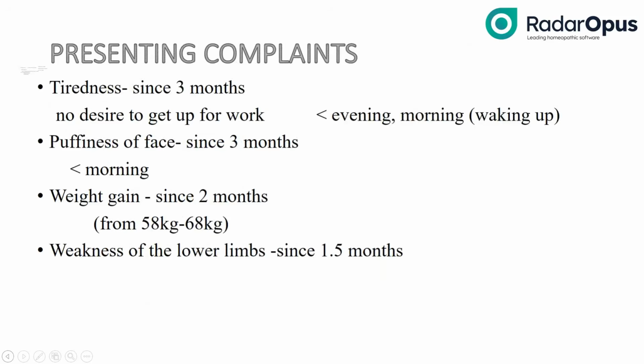She presented with complaints of tiredness since 3 months. She complained that she had no desire to get up for work, mostly in the evening and morning. She said that when I wake up, I have no desire to do any work. So she was feeling tiredness.